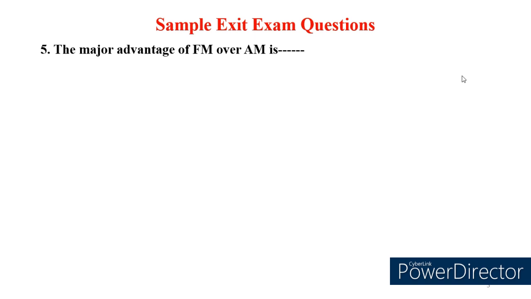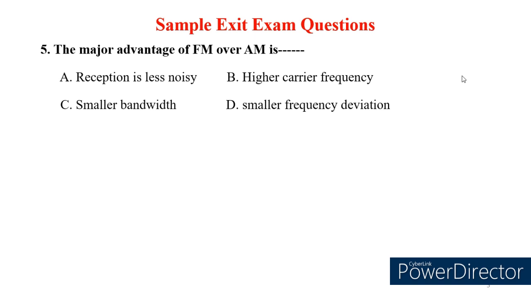Question number 5. The major advantage of FM over AM is blank. A. Reception less noisy. B. Higher carrier frequency. C. Smaller bandwidth. D. Smaller frequency deviation. Frequency modulation is immune to noise, that means it refuses the noise.